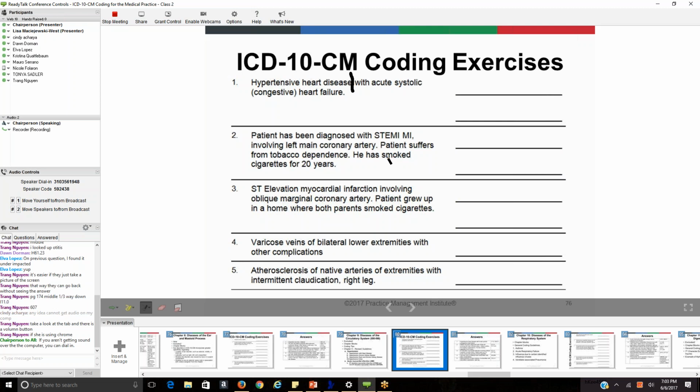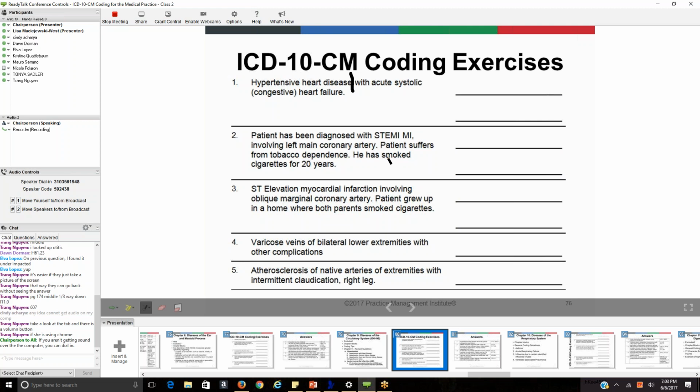So on page 181, about 3/4 of the way down, I looked up infarct, I looked at myocardium, then I went to ST elevation or STEMI, and then from there, involving, and then I looked at the type of artery, the left main coronary artery, so I have I21.01.